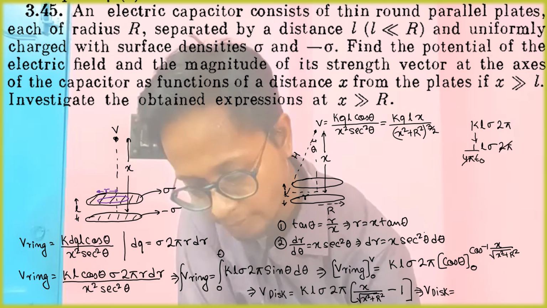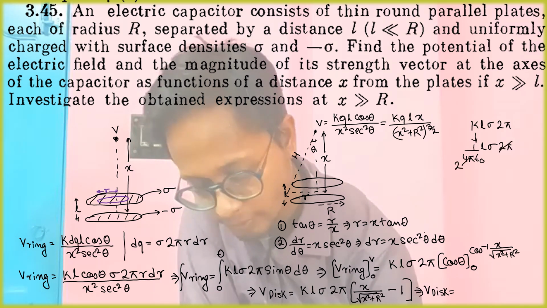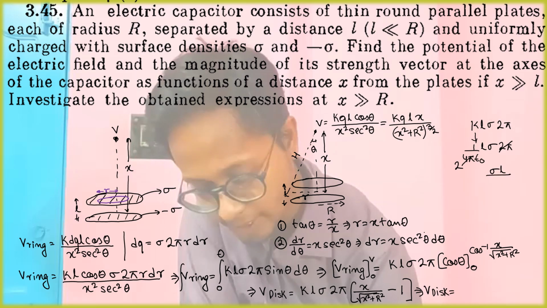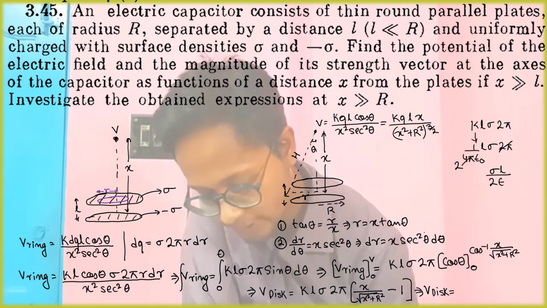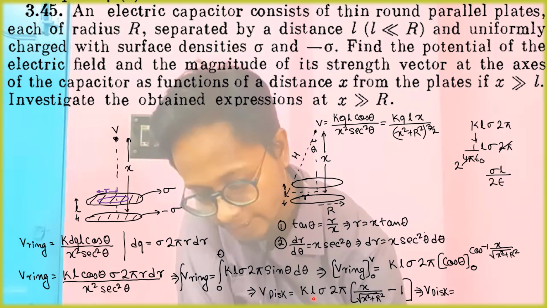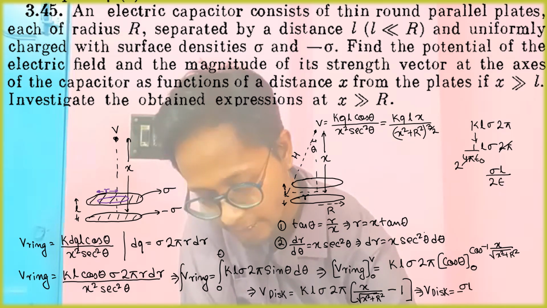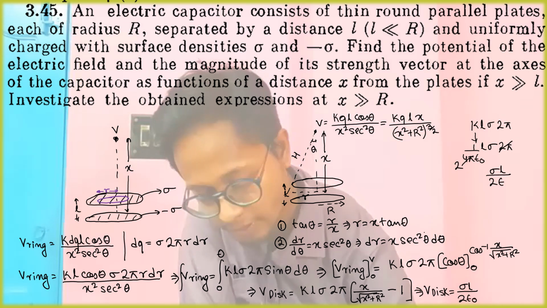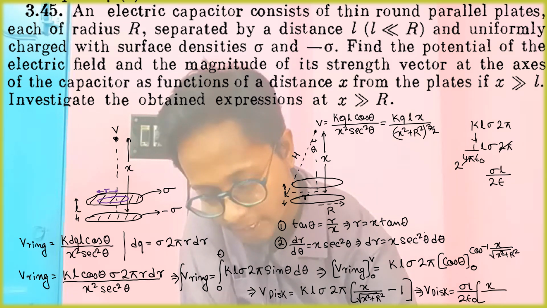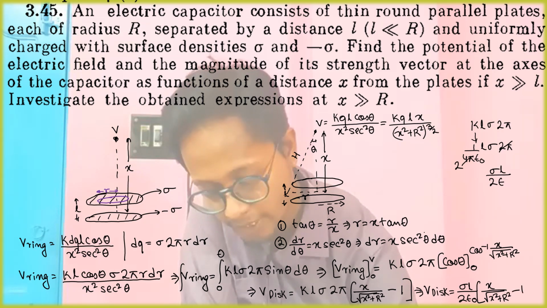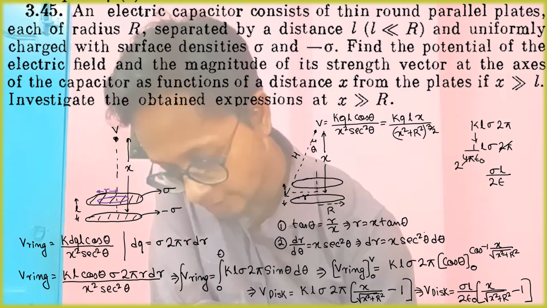So 2 pi and 4 pi would get cancelled by 2. So this entire term would be nothing but sigma L by 2 epsilon naught. So it is sigma L by 2 epsilon naught into x by under root of x square plus r square minus 1. Understood? So just let me erase this one.